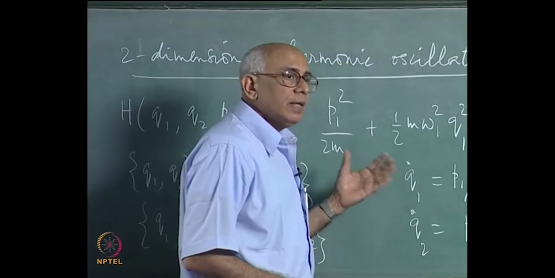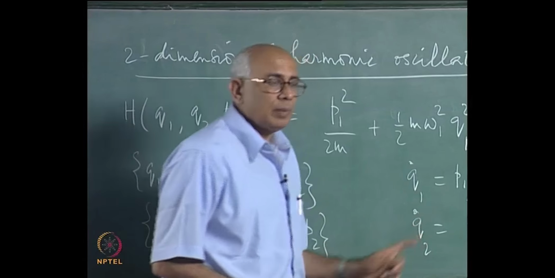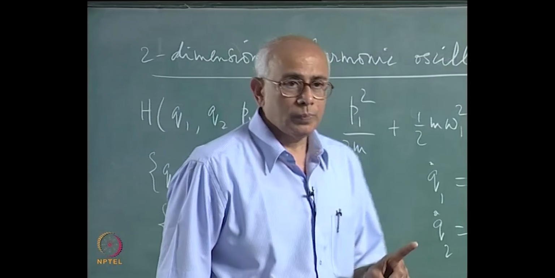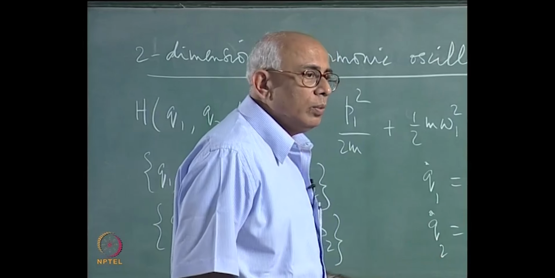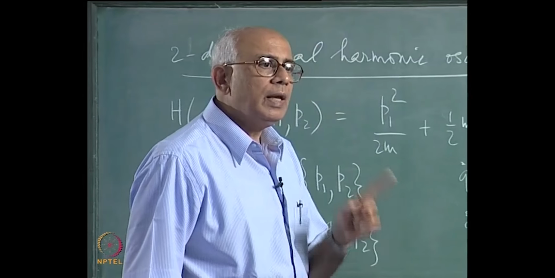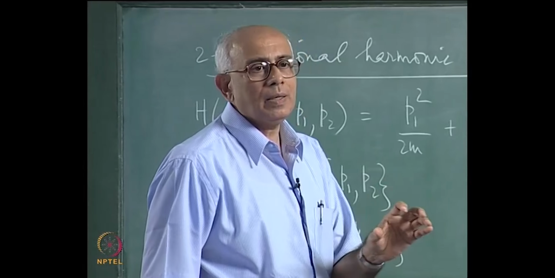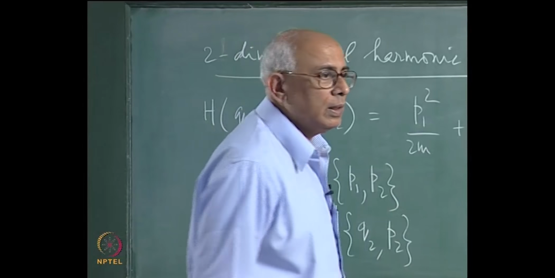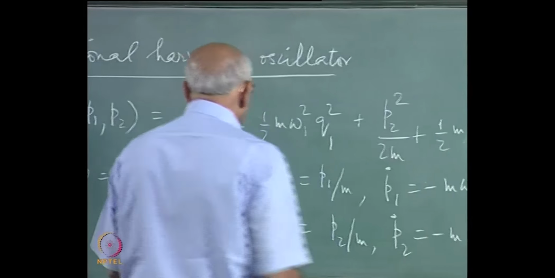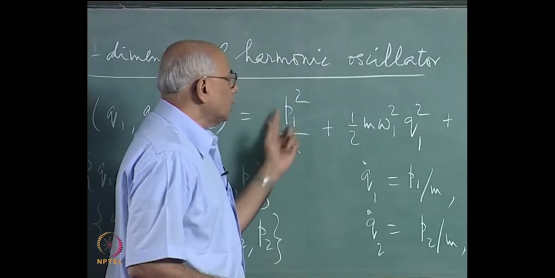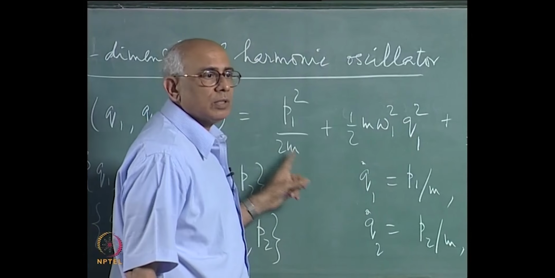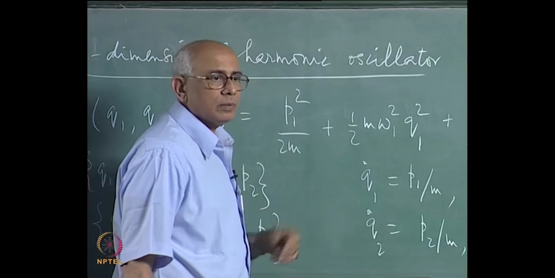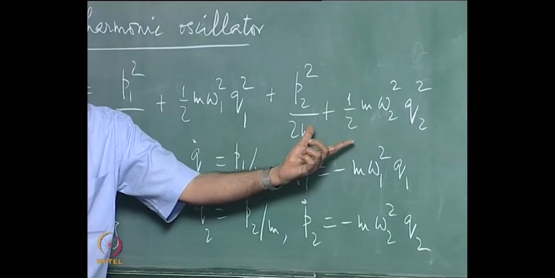We need for its integrability, since in this problem little n is equal to 2, the number of degrees of freedom, we need 2 functionally independent analytic constants of the motion. And of course it is not very hard to see that this combination here, which represents the energy of the first oscillator, is a constant of the motion, as is this combination here.